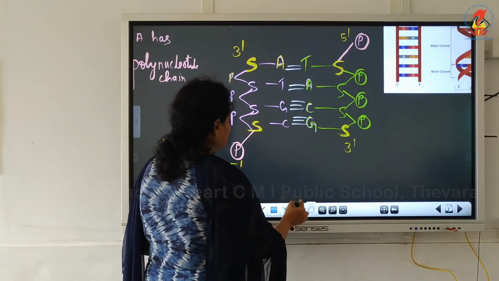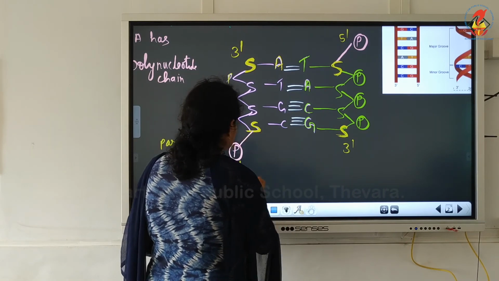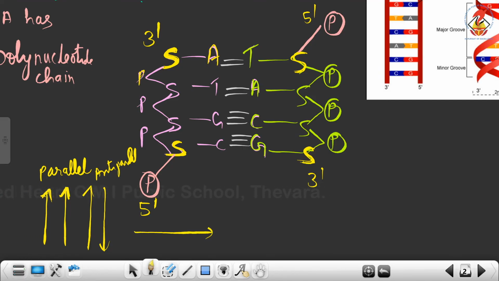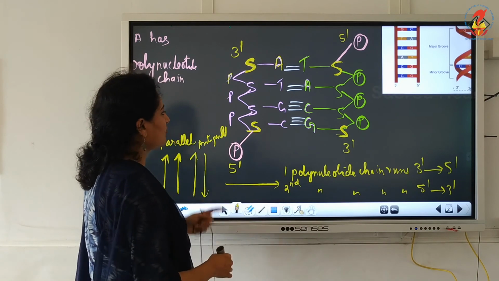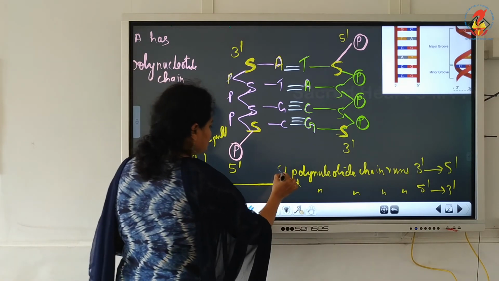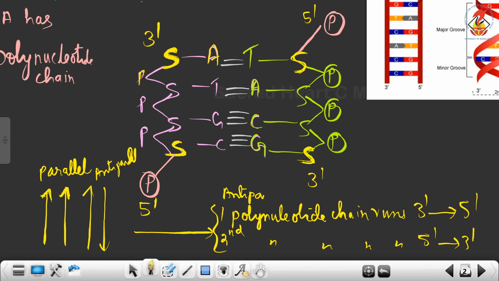The meaning of anti-parallel can be told in a very brief version. One polynucleotide chain runs in the 3' to 5' direction, while the second polynucleotide chain runs in the 5' to 3' direction. This is the better representation of anti-parallel. So they are not parallel. Earlier what was depicted is parallel, where both end in sugar.